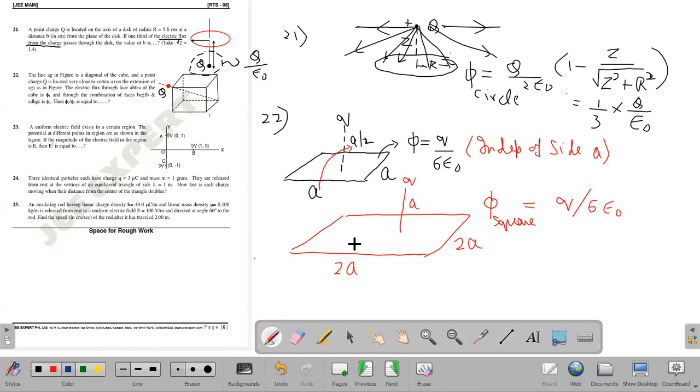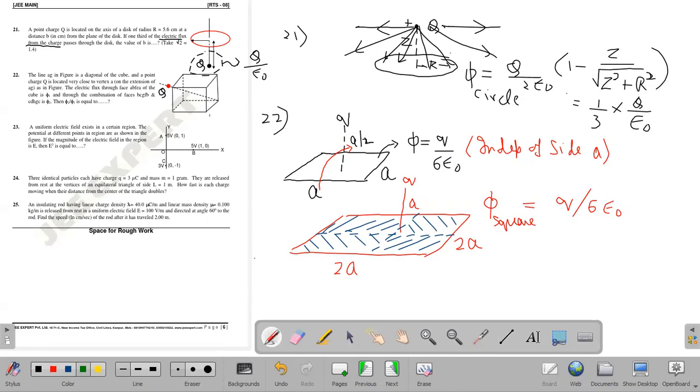And this square which is of side 2a by 2a, you can think that it is composed of 4 small squares, and all these 4 small squares are symmetrical.